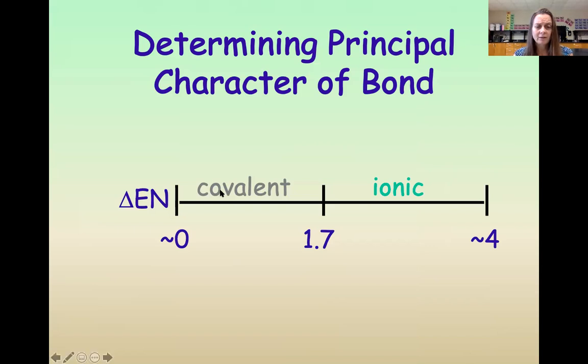But I want you to think of this really as a spectrum, from completely nonpolar covalent at one end to completely ionic at the other, and everything else falls somewhere in between. So the ones down here have more ionic character, the ones down here have very little ionic character, and here in the middle we have our polar covalent molecules, which have some ionic character.